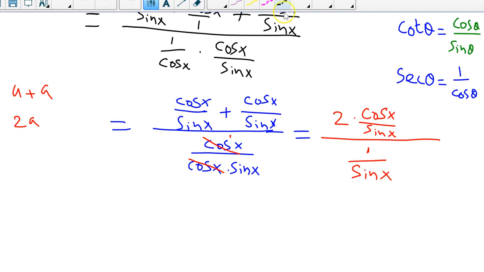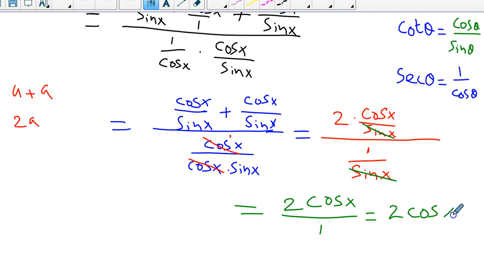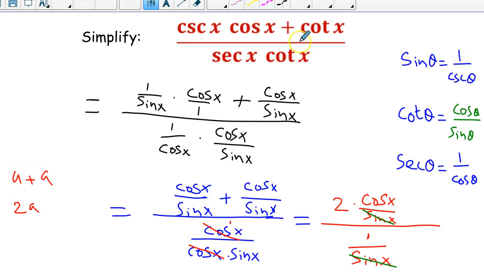They both are the same, so you can cancel them off, leaving behind 2 times cosine x, all over 1. Divide by 1, even if you write or don't write, it is just the same thing. The division by 1 leaves you the same quotient, 2 times cosine x. That is the result of this expression.